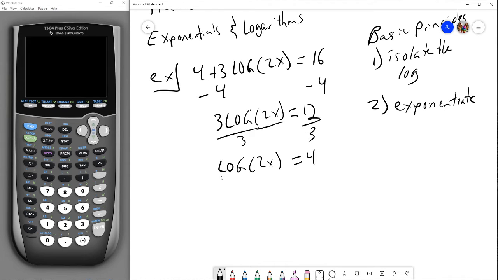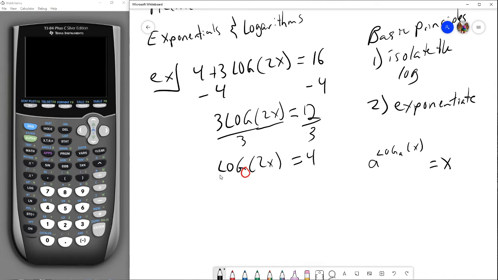So we're going to use this basic idea from our properties of logs, where a to the log base a of x is equal to x. We could think of the exponential and the logarithm as canceling each other out, since they are inverse functions of each other. So when I look at this log, I notice that there is no base written here, which means this is the common logarithm, which is log base 10.